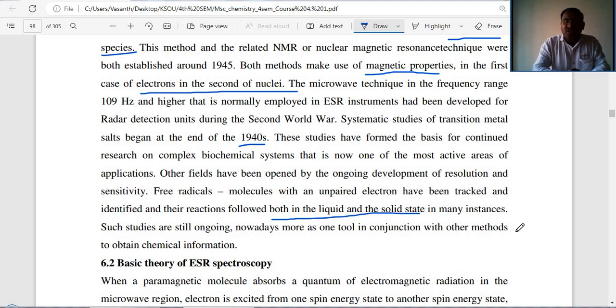Such studies are still ongoing, nowadays more as one tool in conjunction with other methods to obtain chemical information.